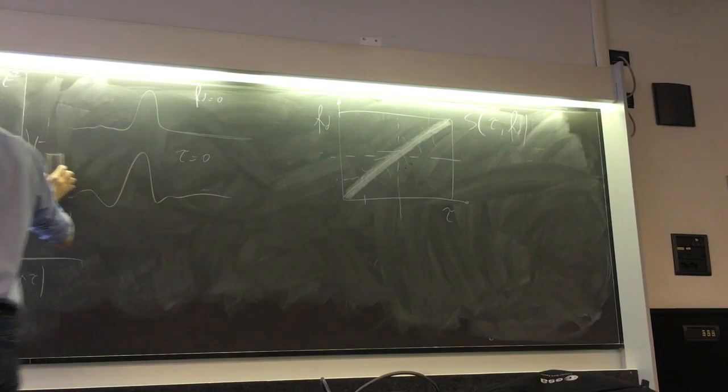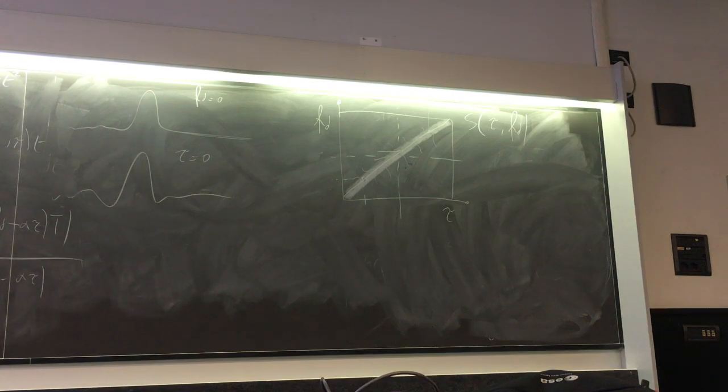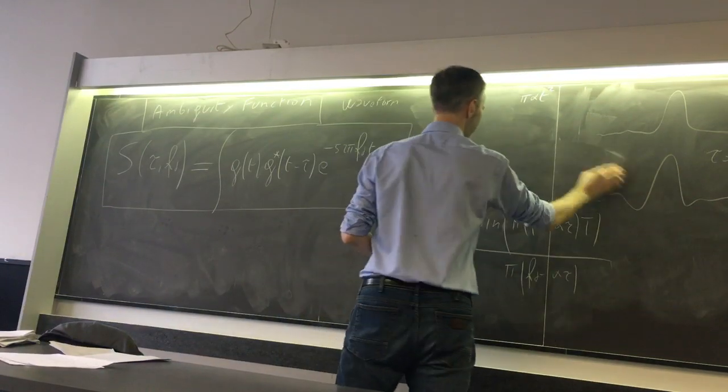Now, let's go back to the general expression of the ambiguity function. Let us just see two properties.